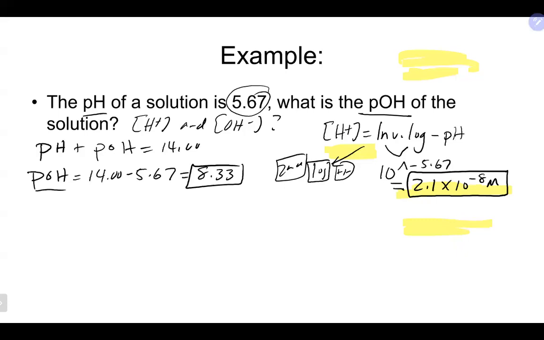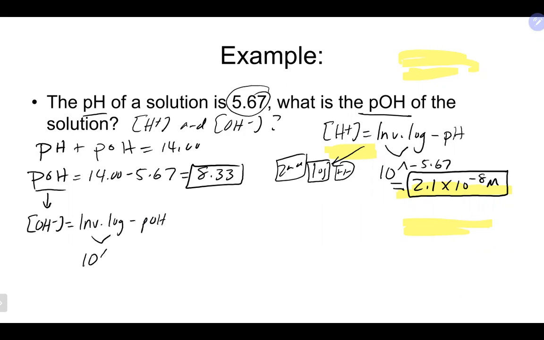At this point, you could also use Kw to get the OH minus concentration since you have the H plus, or again, you could do the same calculation here for the pOH. And if we did the same calculation, basically OH minus would equal the inverse log of the minus pOH.